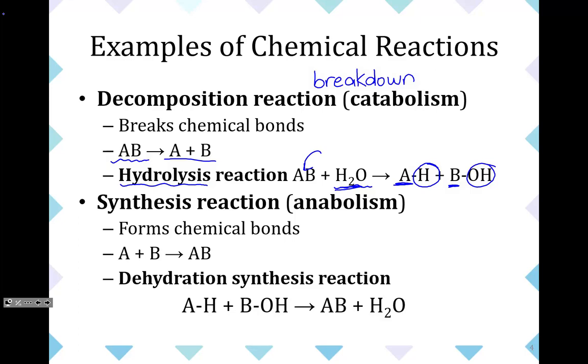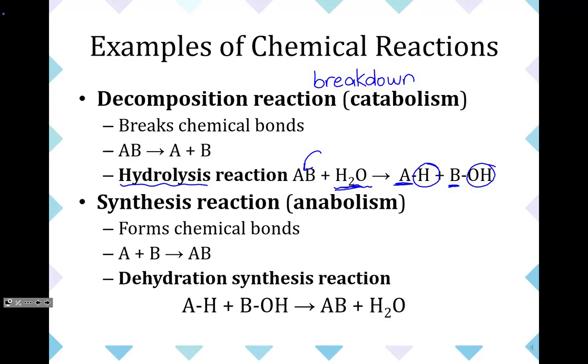The other type of reaction that we are going to talk about is a synthesis reaction, and it builds things up. This is going to form chemical bonds. And so this is the simplest example, is combining these two things to make this molecule. Dehydration synthesis is the example that we're going to talk about. Now, if you notice, this breakdown reaction and this synthesis reaction are exactly the opposite.